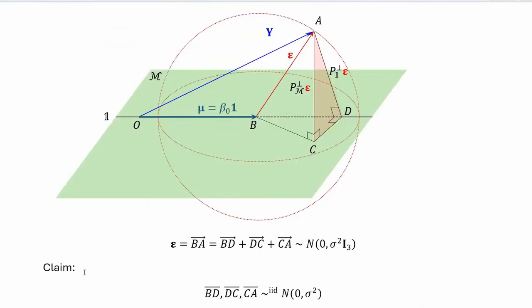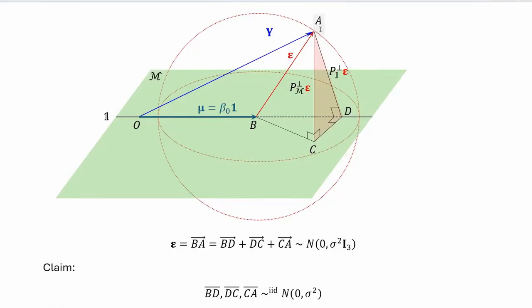So this claim we just proved immediately gives rise to the so-called F statistic. The triangle ACD is a right triangle in which the angle ACD is the right angle. And therefore, by the Pythagorean theorem, AC squared plus CD squared is equal to AD squared.